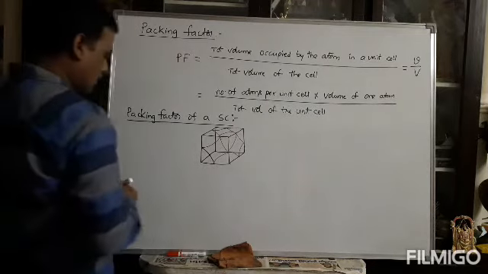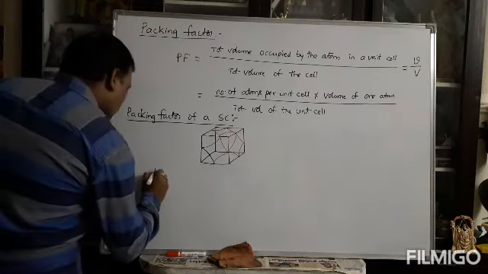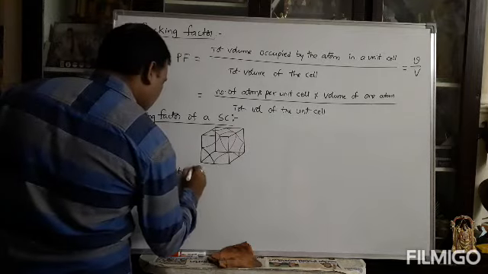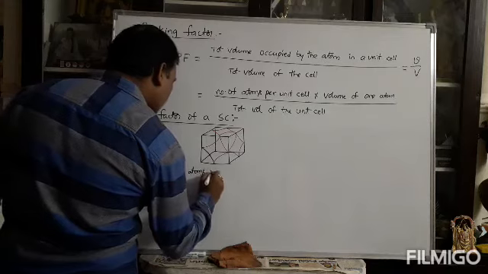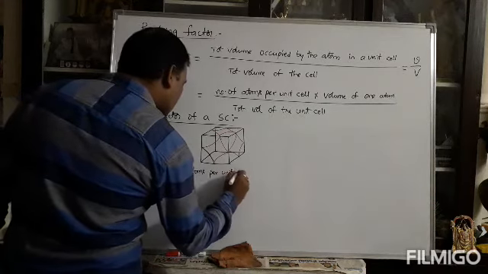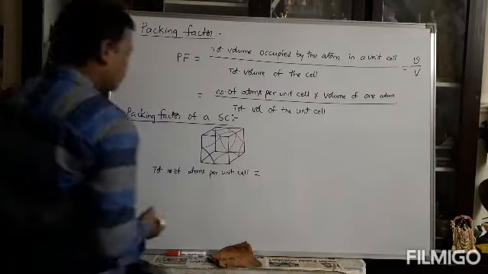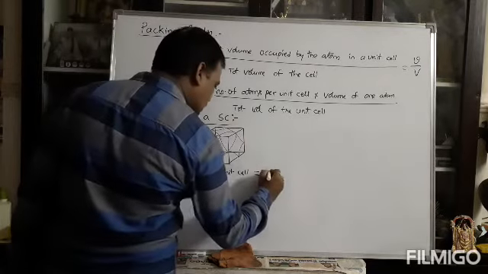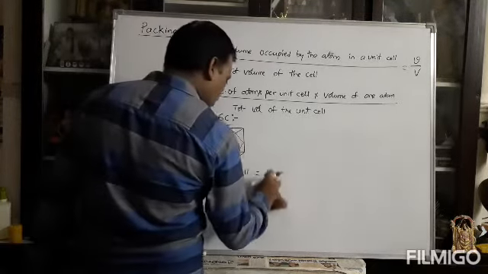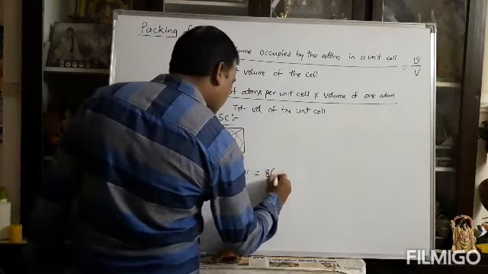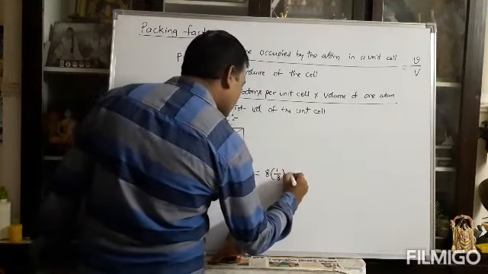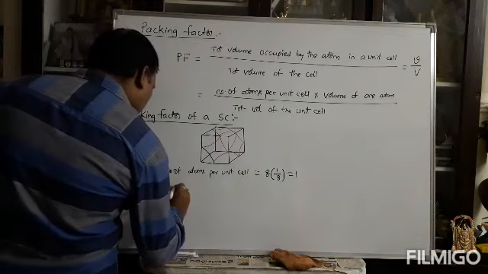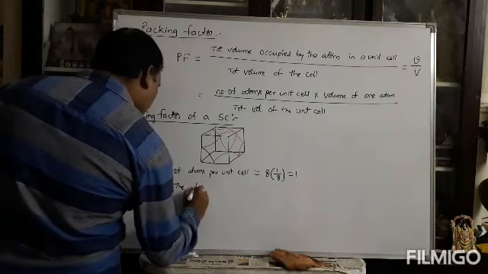So in this structure, first, the total number of atoms per unit cell for simple cubic structure is only one. Already known: how many corners are there? 8 corners. Every corner is occupied by a 1/8 portion, which gives 1. Second, the atomic radius, already calculated.